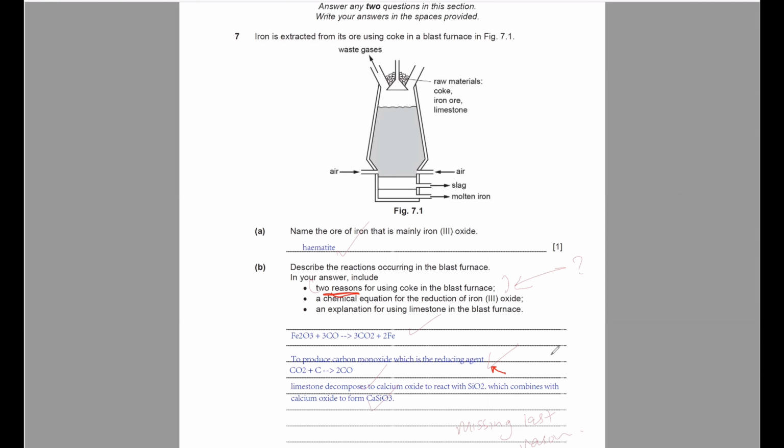Then the other reason is that when you burn coke, it's a highly exothermic process. That means it produces a lot of heat, so it will cause the temperature in the furnace to increase to a suitably high temperature. So that's the other reason.